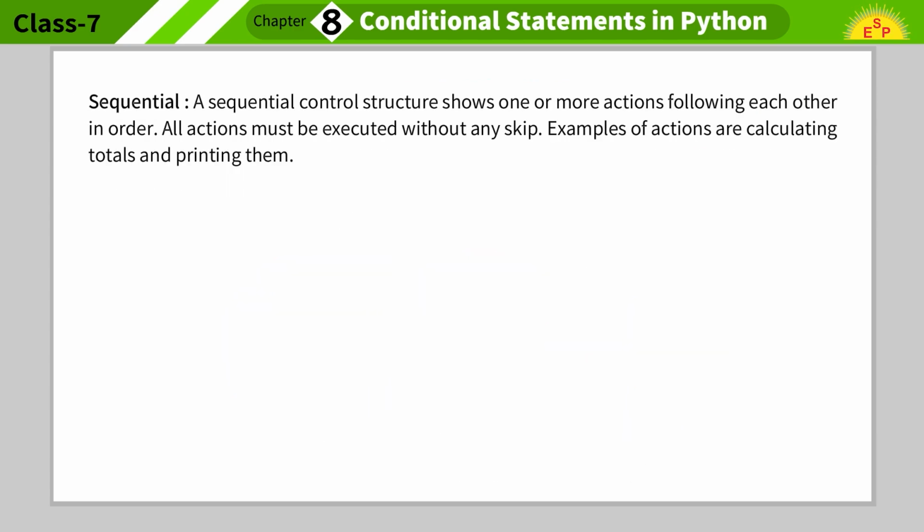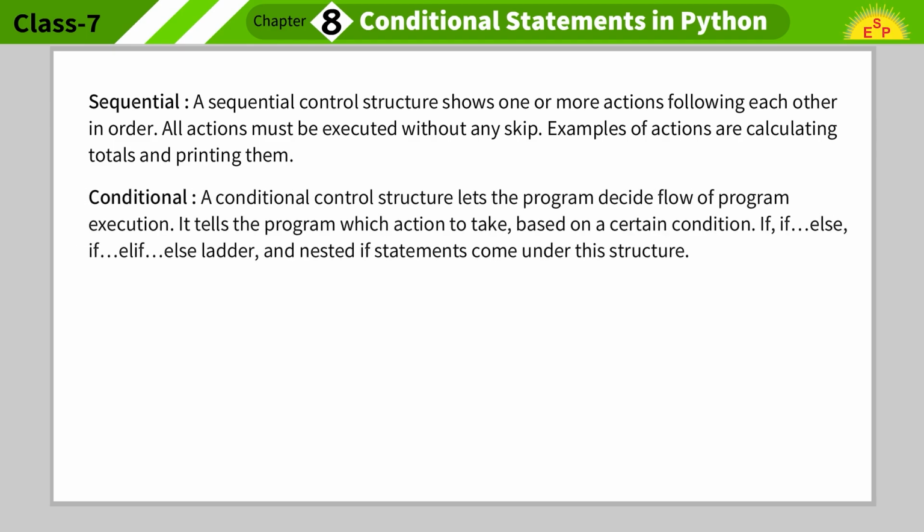Sequential. A sequential control structure shows one or more actions following each other in order. All actions must be executed without any skip. Examples of actions are calculating totals and printing them. Conditional. A conditional control structure lets the program decide the flow of program execution.